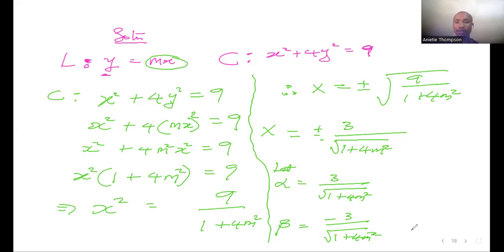So why do we do this? Because I want to have the corresponding coordinates. A coordinate is a set of ordered pairs, so we have the x coordinate and the y coordinate.